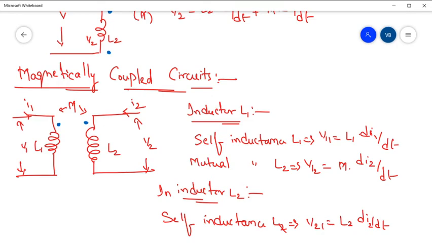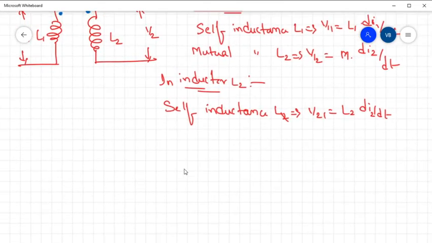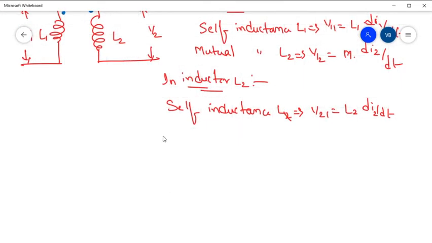So what about the mutual inductance? That is the mutual inductance by inductor L1. Let us take V22 equals M into di1 by dt, where the current is I1. Both are entering at the dotted terminal, so we should take it as positive.